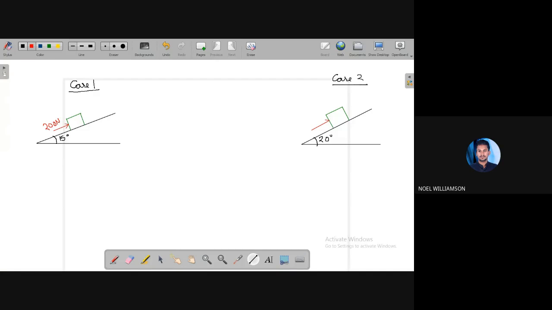So we can mark like this: 230 Newton. So see this direction. This direction is important. In order to keep the body in equilibrium, we have to give the applied force in this particular direction.